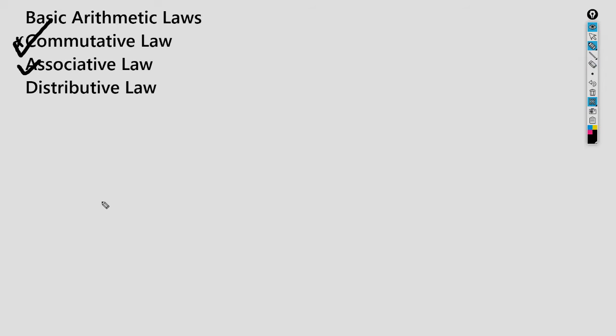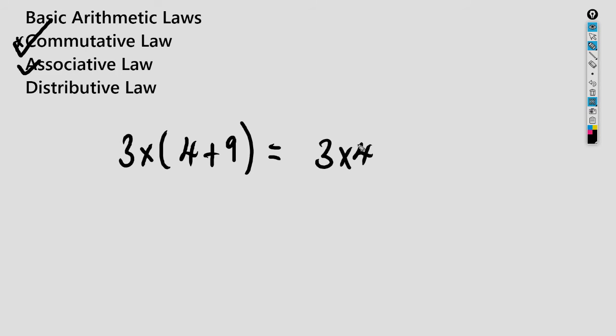All right, guys, so we're going to look at the distributive law now, and it's a little different. The distributive law handles situations where you're multiplying numbers in brackets, okay? So let me explain what I mean. Let's say we have 3 times 4 plus 9. What the distributive law states is that we have to break these up. We multiply 3 times 4, and then we add that to 3 times 9.